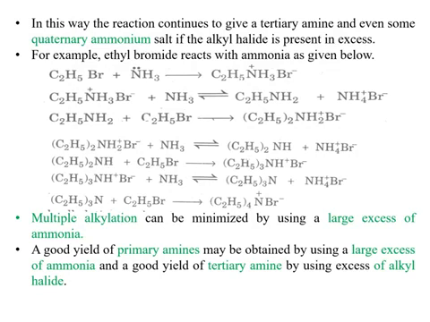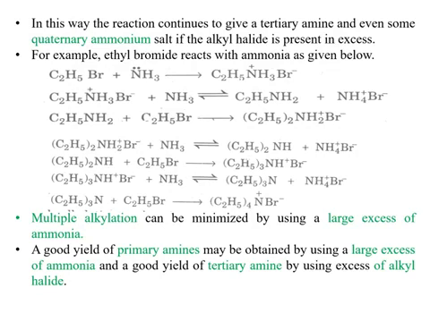Similarly, ammonia can also serve to abstract bromide to form ammonium bromide. The role of ammonia in the second last equation of this slide is exactly similar to the role of sodium hydroxide presented in the previous slide.